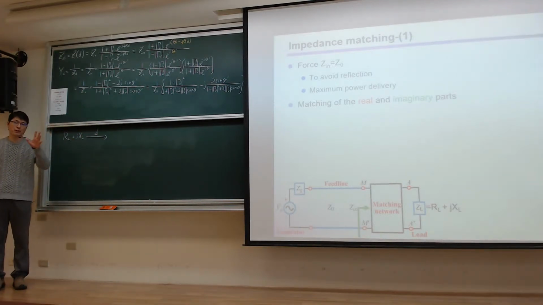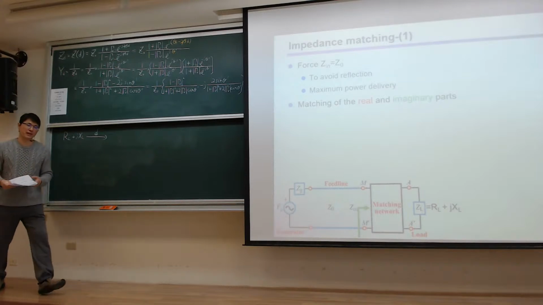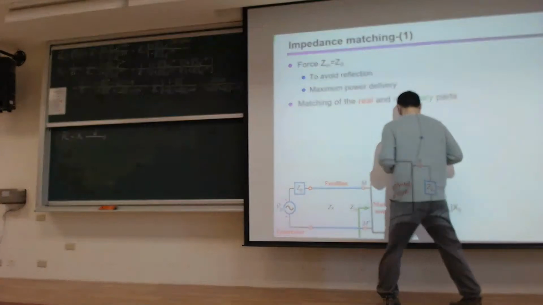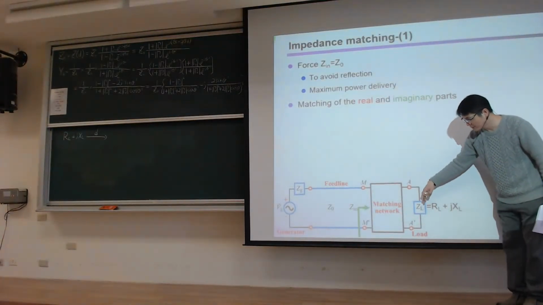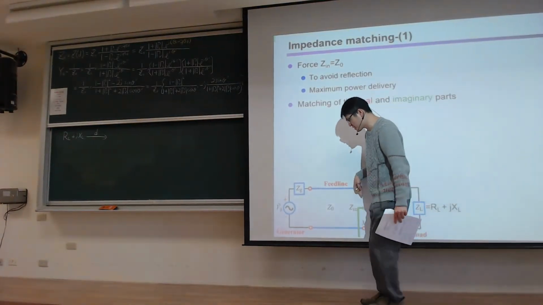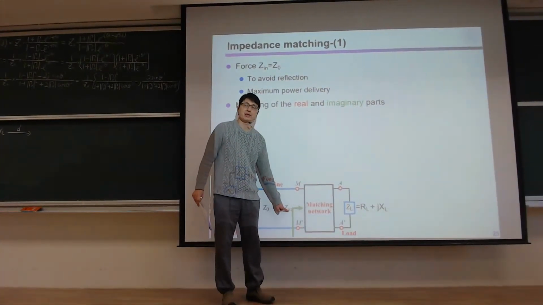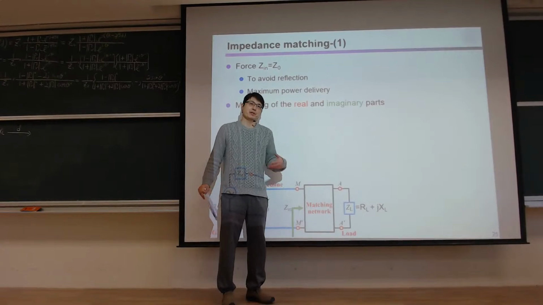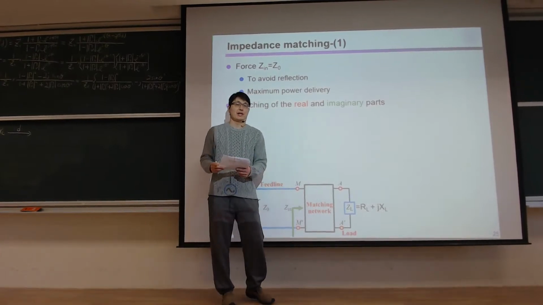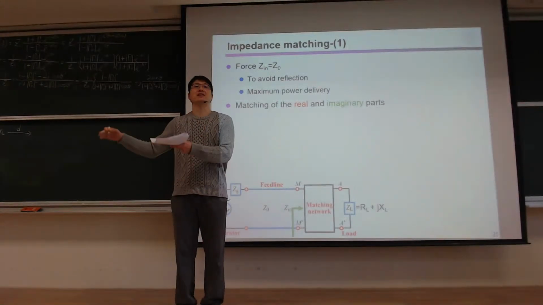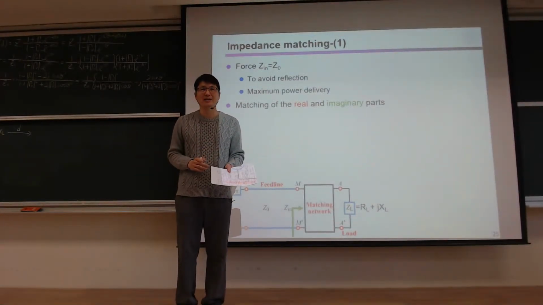right? You still remember we defined the wave impedance. So which means I start with a load, I know my load, I walk for a certain distance, I look into the right, that's my input impedance. So the input impedance, we know, can vary as a function of distance, right?